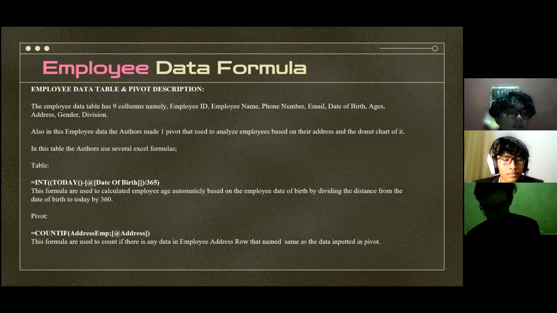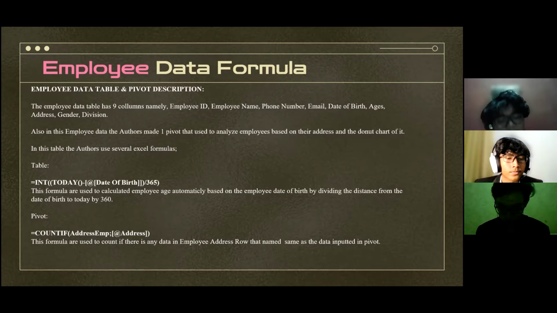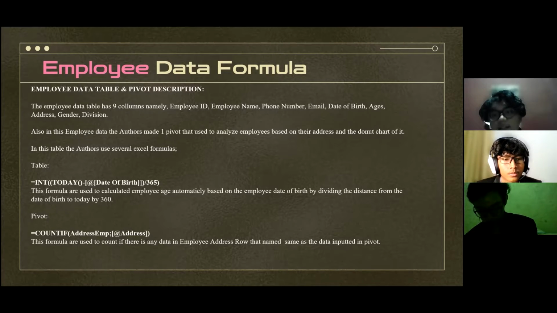And in the pivot, the authors use the COUNTIF formula, used to count if there is any data in the employee address row that is the same as the data input in the pivot.